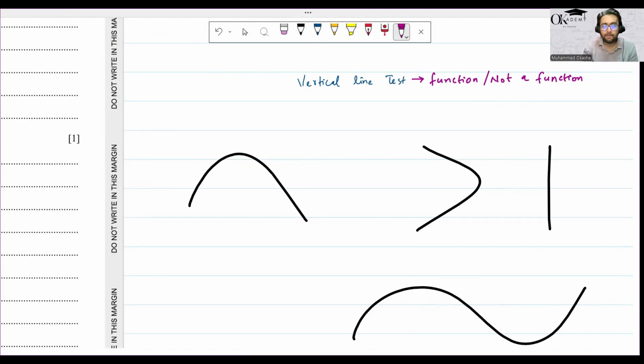Similarly, there is this horizontal line test, which tells us whether f inverse of x exists or not.